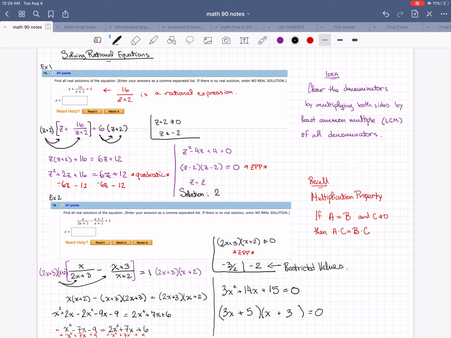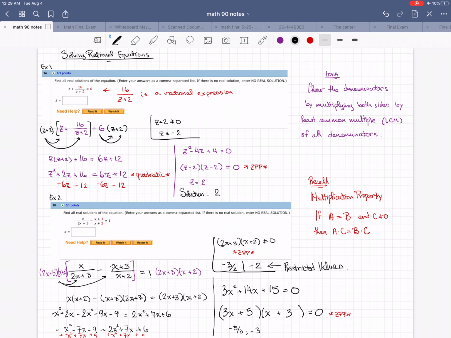So 3x plus 5 times x plus 3 is equal to 0. So using the zero product property, I'll mark that here one more time. We either set 3x plus 5 to 0, which gives us a solution negative 5/3, or we set x plus 3 to 0, which gives us a solution negative 3.